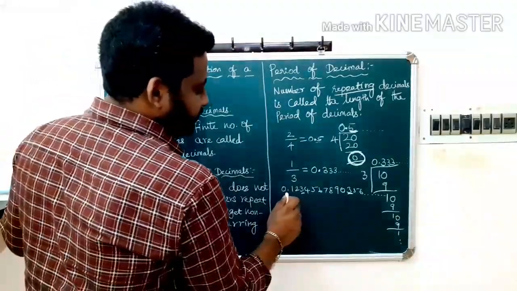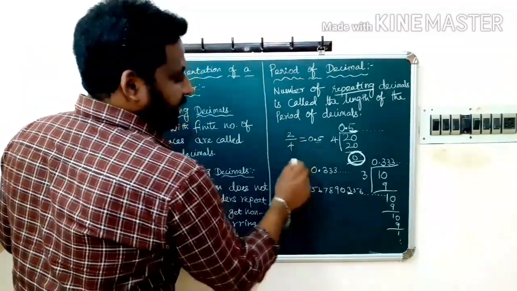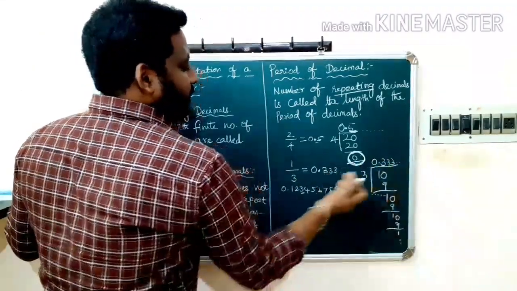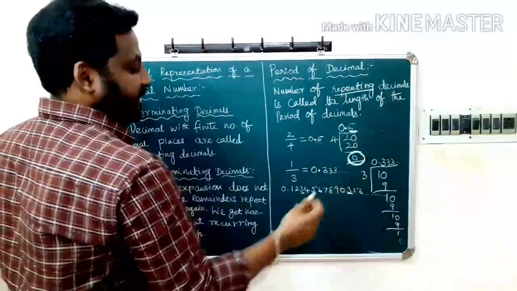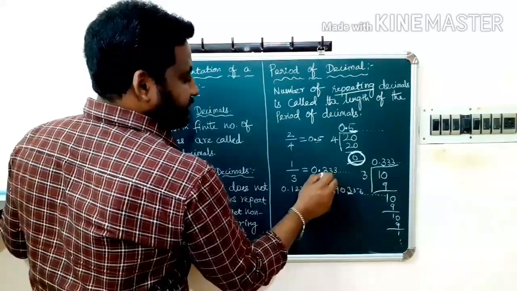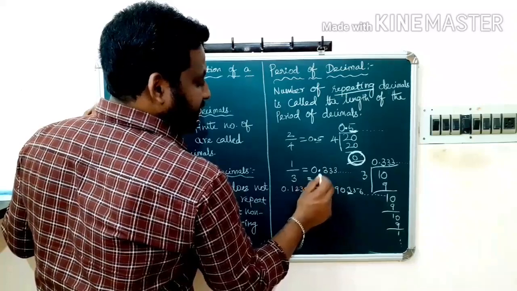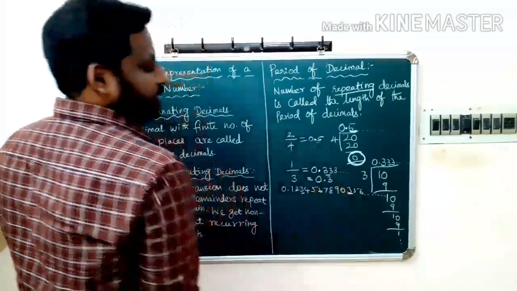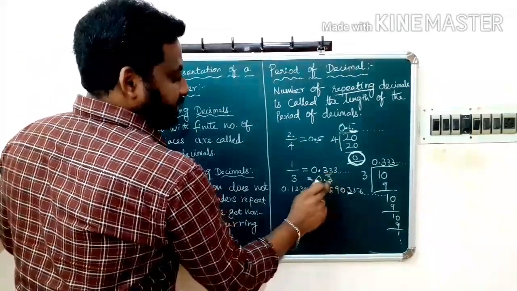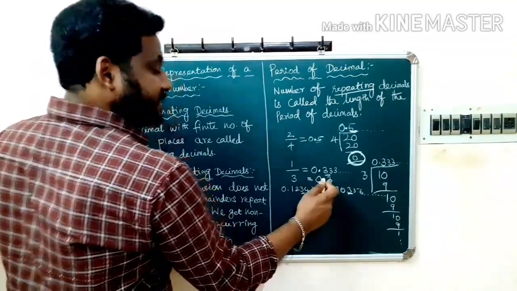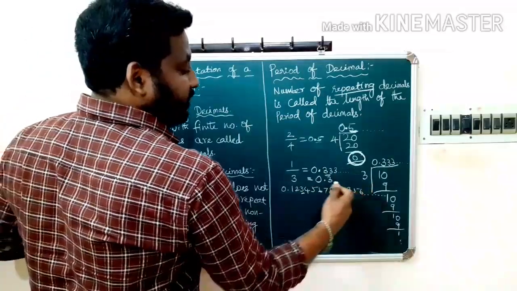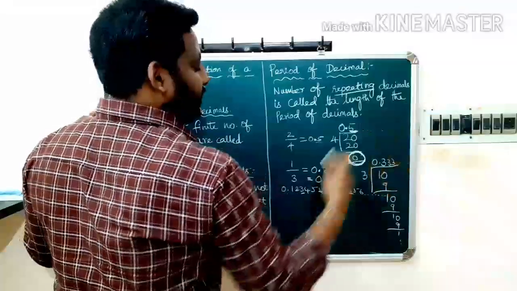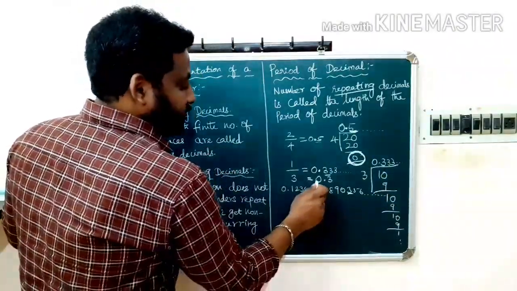For example, look at this, 1 by 3. 1 by 3 is 0.3333, the 3 goes on to infinity. Only 3 is repeating. We can write this as 0.3 bar. Bar means the number is continuing up to infinity.